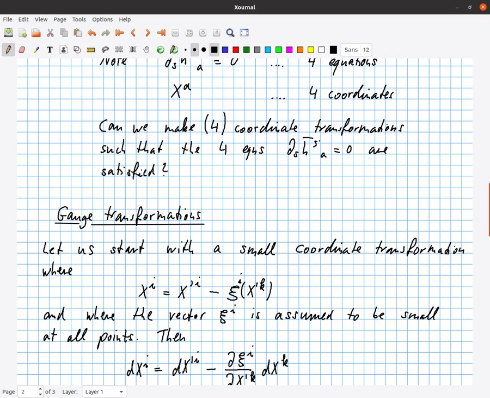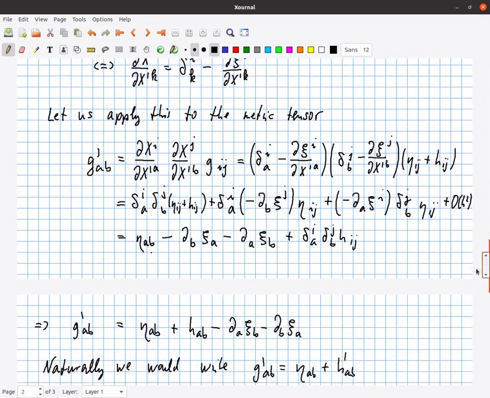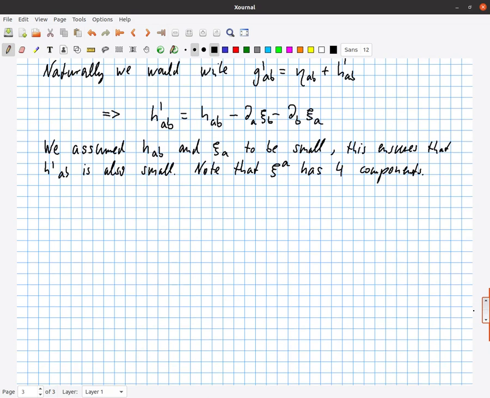And we are, in fact, after fixing this partial derivative or the divergence of this h bar, which are 4 equations. Our hope is simply that all of this will work out.